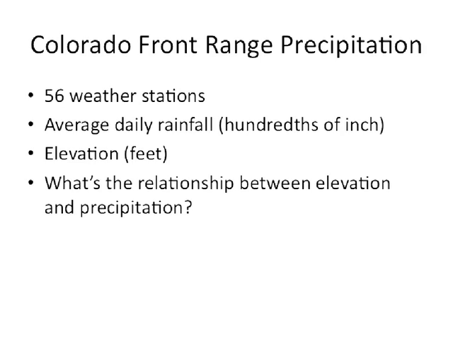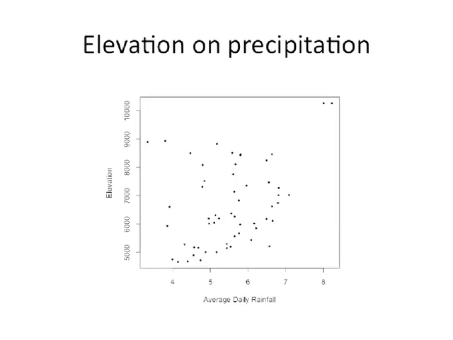So here's a plot that shows elevation on the y-axis and average daily rainfall at each of those 56 weather stations on the x-axis. And so my question here is, if you're interested in this relationship, what's the natural variable that you would want to put on the y-axis as opposed to the x-axis?